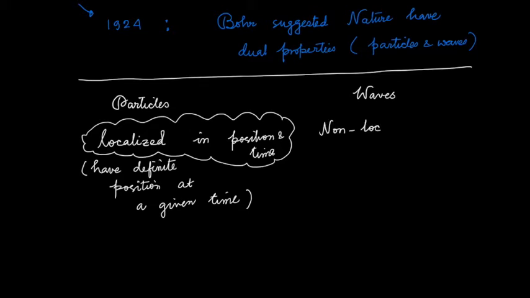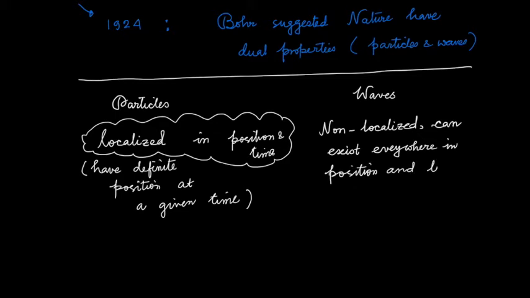A wave is the opposite, it's non-localized. I will not say every time, but it can exist everywhere in position and time. Like when I write a wave, say we denote the wave by phi, and let us consider one position coordinate only.